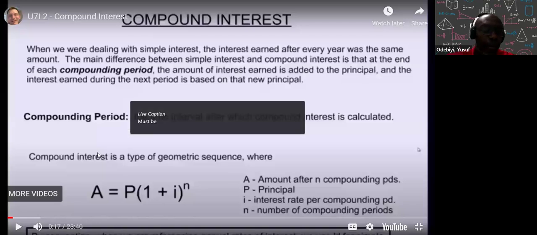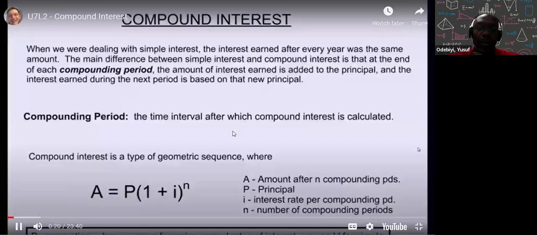Okay, so let's back up. You did simple interest. Now we're looking at compound interest. In the real world, most calculations, when you borrow money or invest, are done in compound interest.